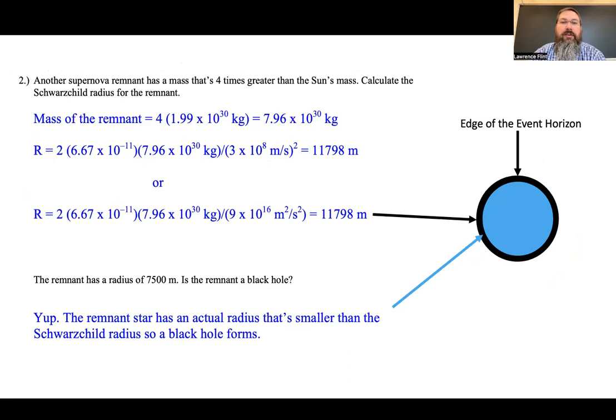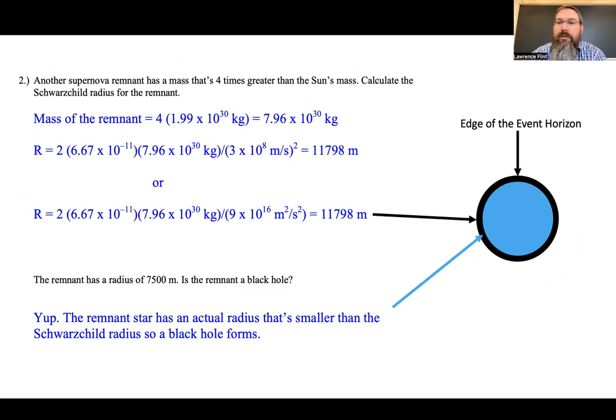It is not a black hole, but it is a star. On the other hand, number 2 is you got a supernova remnant that has a mass 4 times greater than the sun's mass. All I did was take 4 times 1.99 times 10 to the 30th kilogram, which gets you 7.96 times 10 to the 30th kilogram. When you put that into the formula for calculating Schwarzschild radius, you get a radius of 11,798 meters.